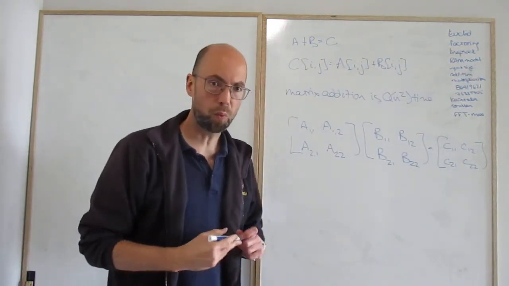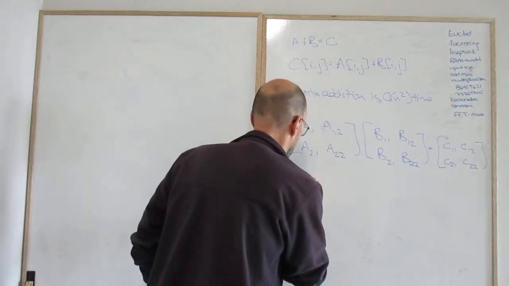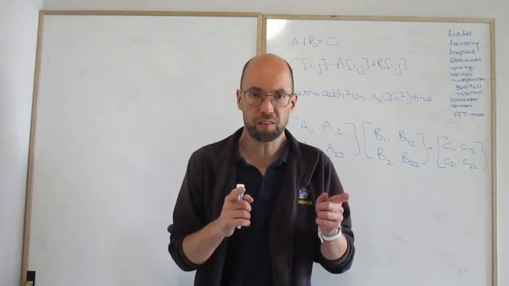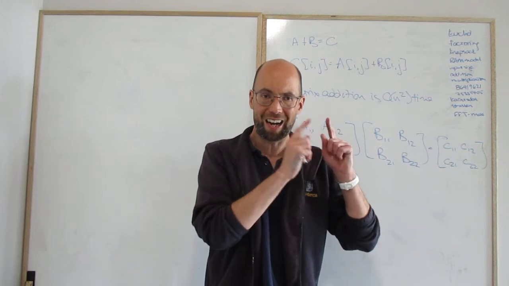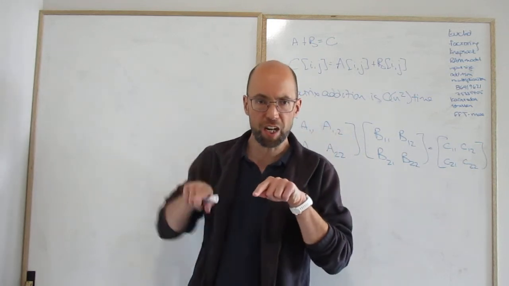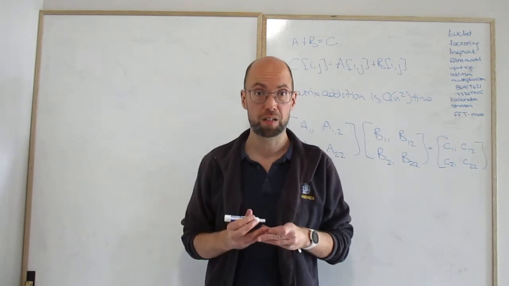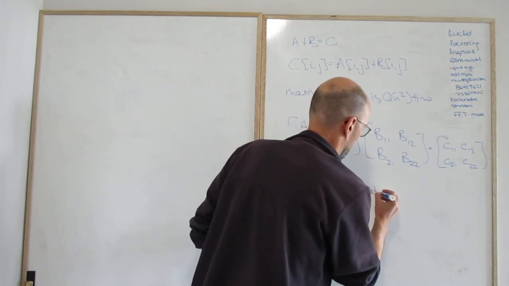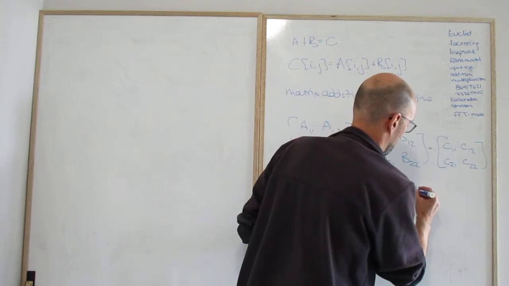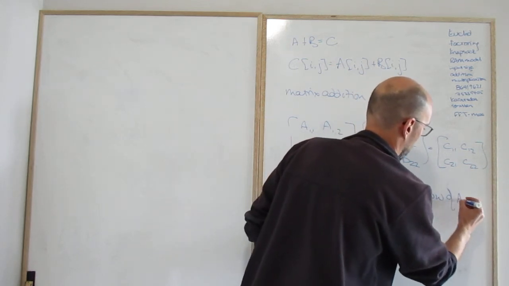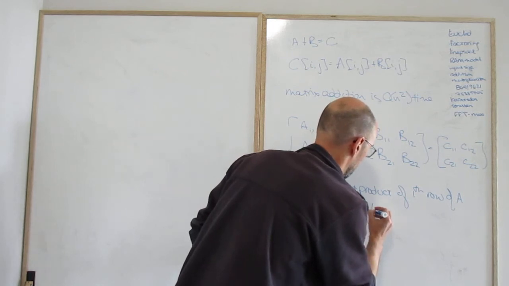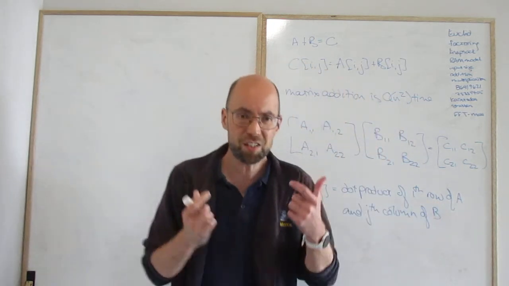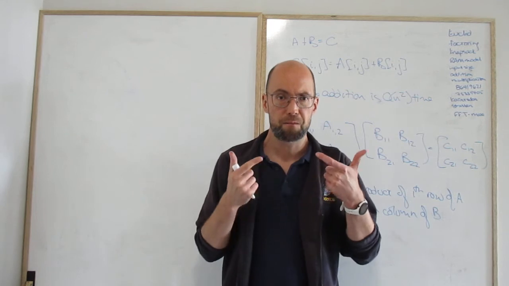Okay, so to get an entry Cij, this is the dot product of the ith row of A and the jth column of B. So each of these are n entry vectors.